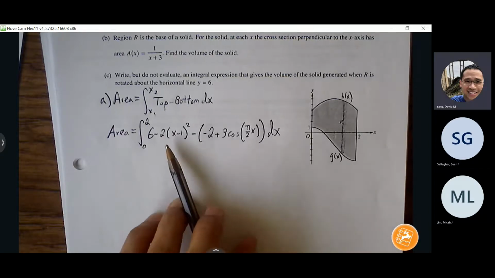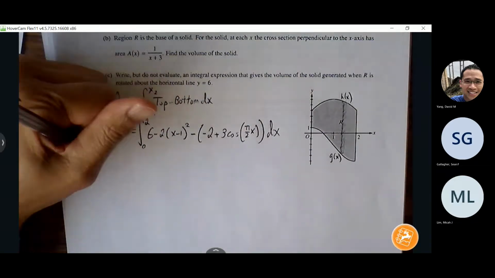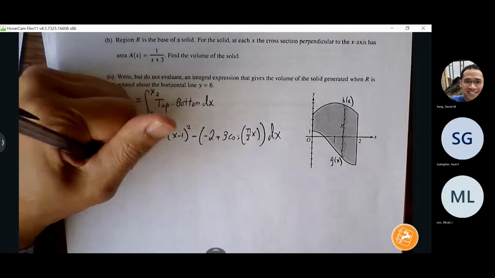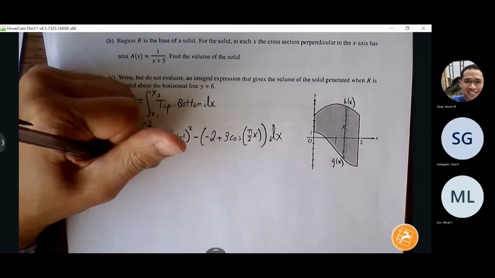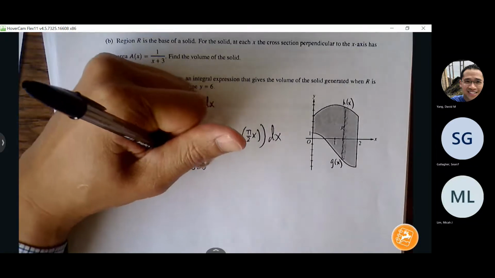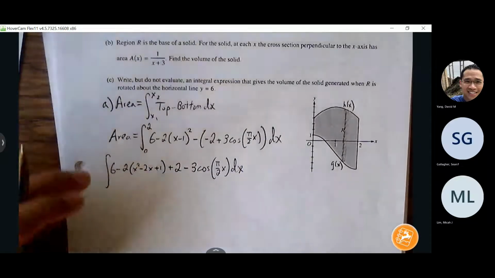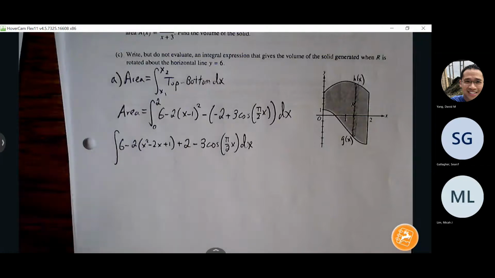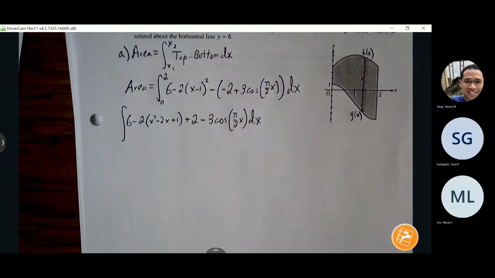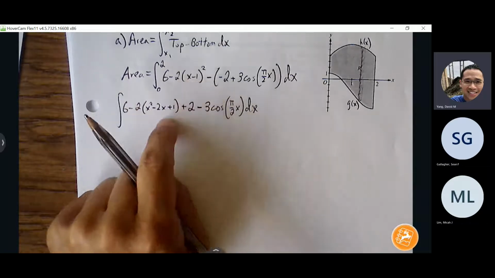Okay, I'm going to pull all this out because really I need to rely on power rule for a lot of this here. I guess we could have also used substitution here, but I just decided to pull this out.